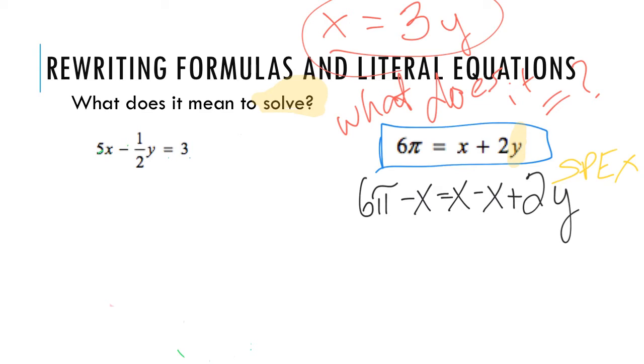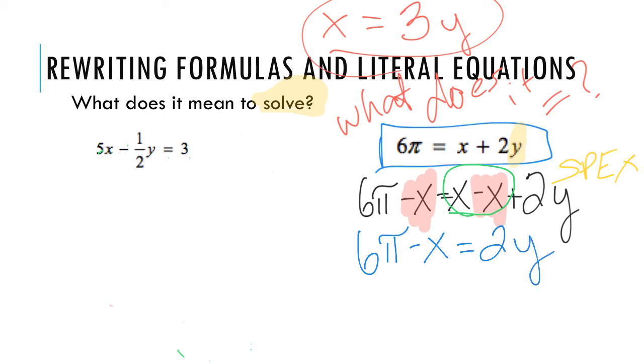I'm getting bad about forgetting to mark what I am doing separately. So there you see my minus x on both sides. When I combine my like terms, which the only like terms I have are right here, I get 6 pi minus x equals 2y.